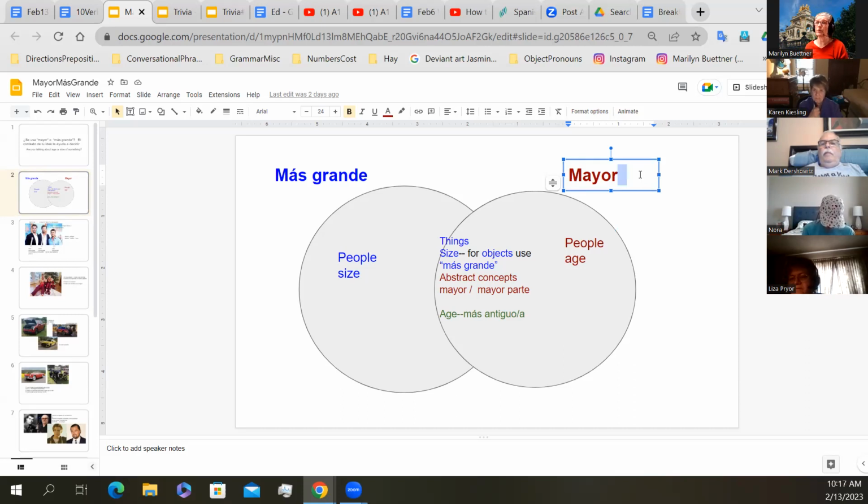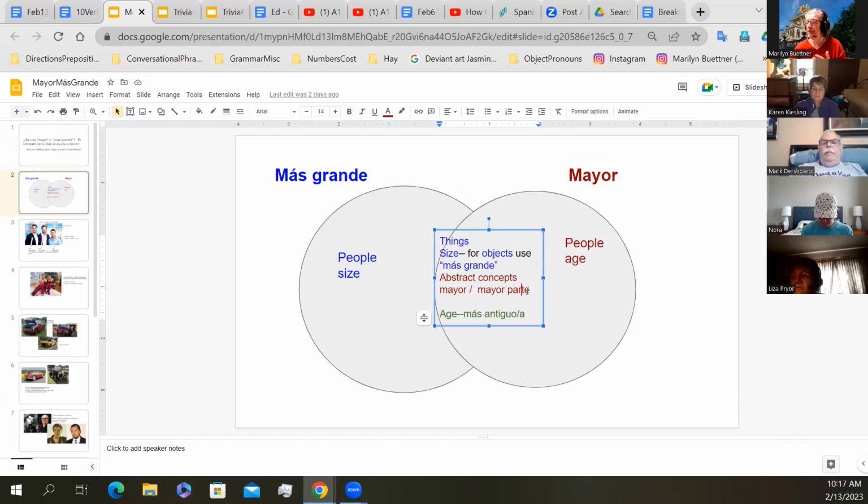La gente mayor, older people. Okay, instead of saying old people, you see, la gente mayor, older people. So when we talk about people, we have a real words to distinguish between age and size. And for things, it might be interchangeable, but it's a good rule of thumb to say you'll use más grande for size of things.